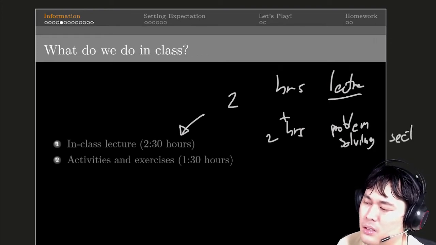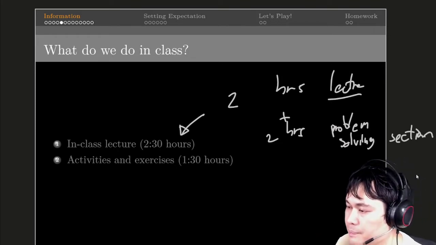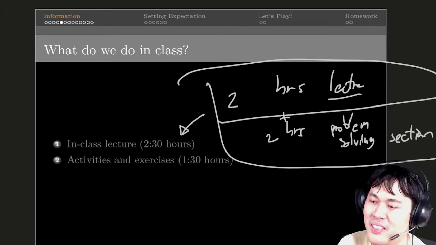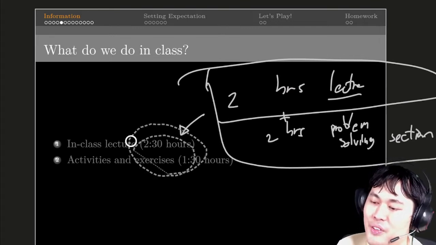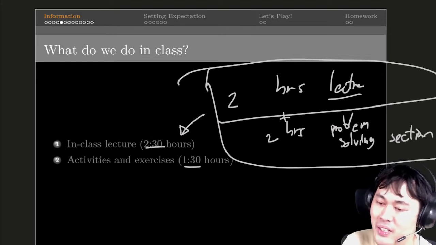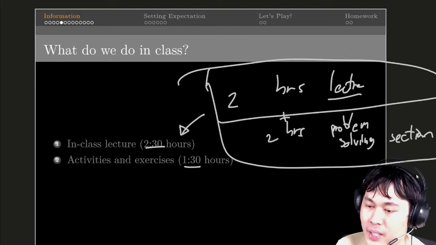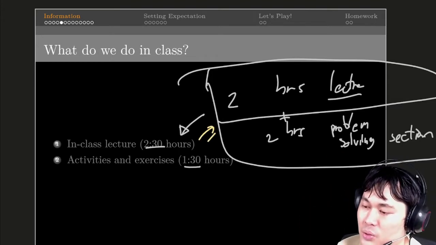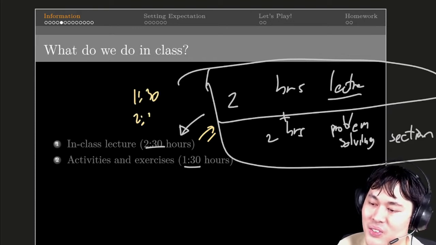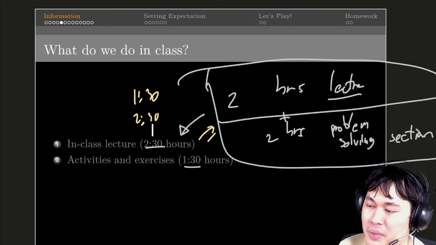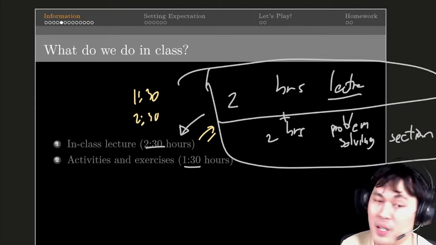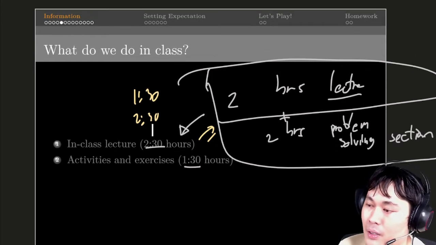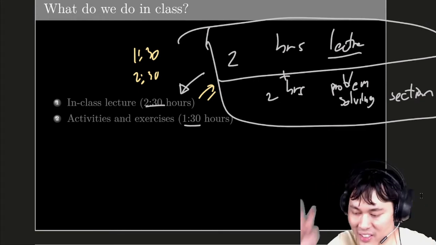For now, I'm using these numbers: 2.5 for lecture and 1.5 for activities and exercises. But I might adjust that to 2 and 2, or even 1:30 and 2:30, depending on the amount of materials I have and the amount of problems or exercises I can offer to you. But that's all we have for this 4 hour long class.